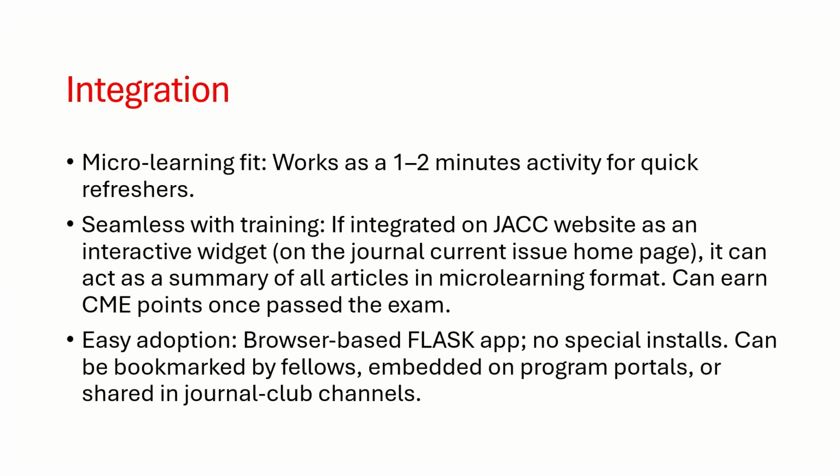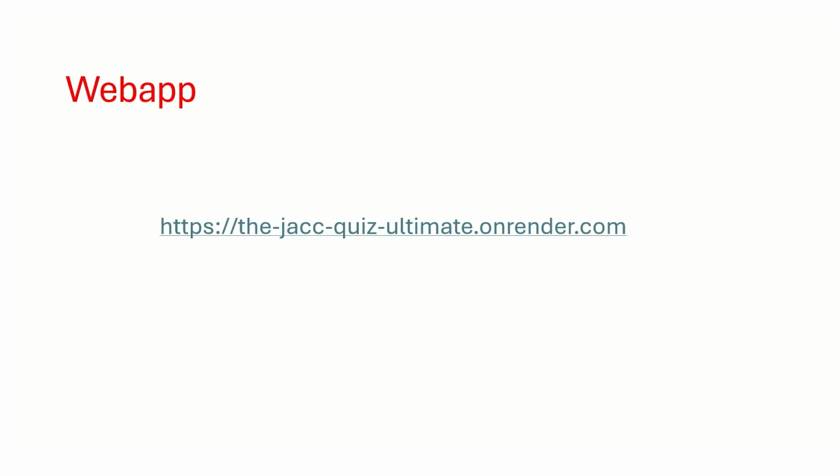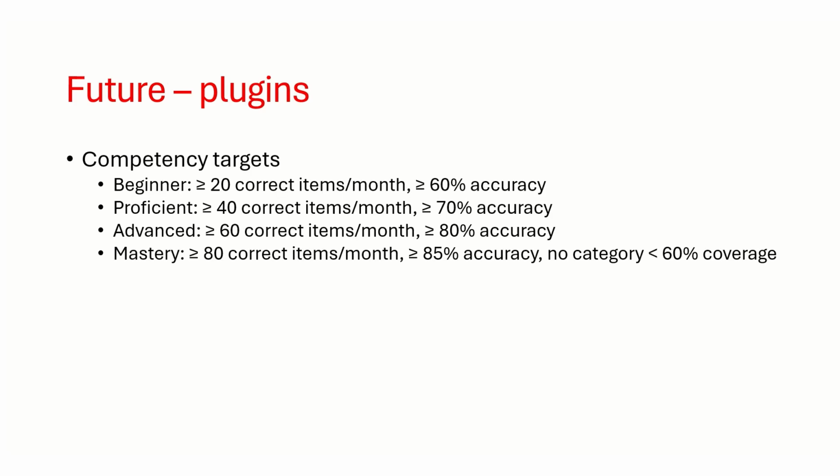As I said, it's a Flask app, so it's easy to make it a widget. In future, we can always add competency targets of how many questions are answered correctly, and with what accuracy.